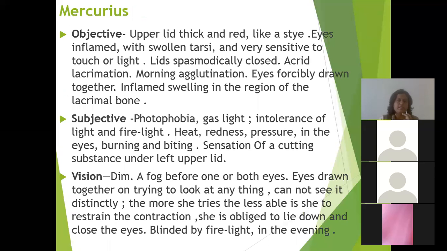So next remedy is Mercurius. Mercury is a deep acting constitutional remedy.